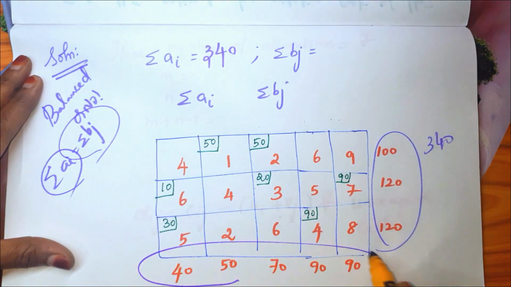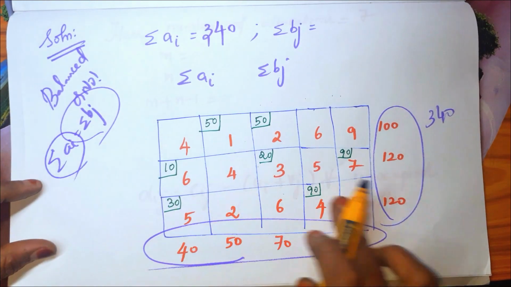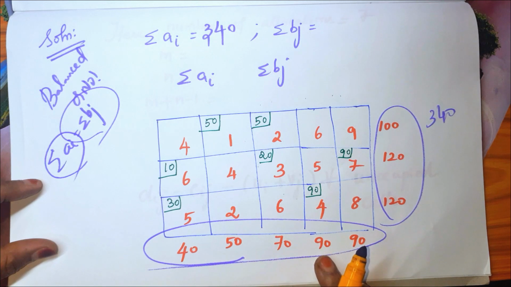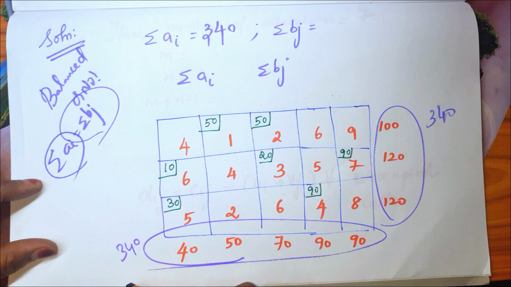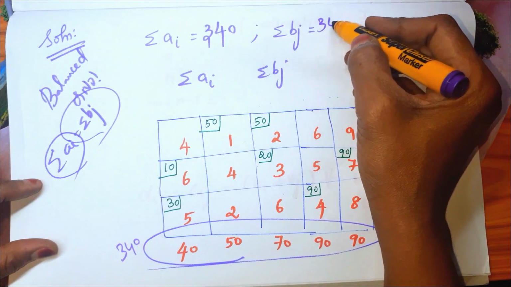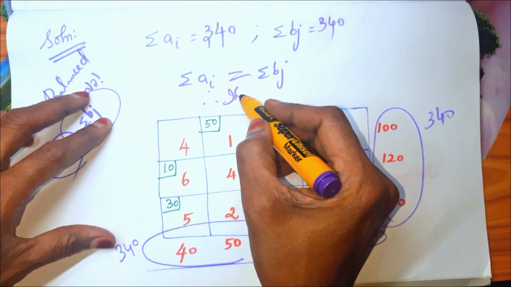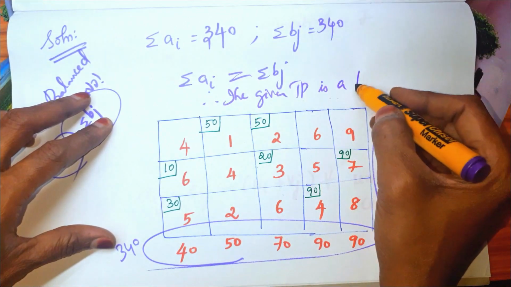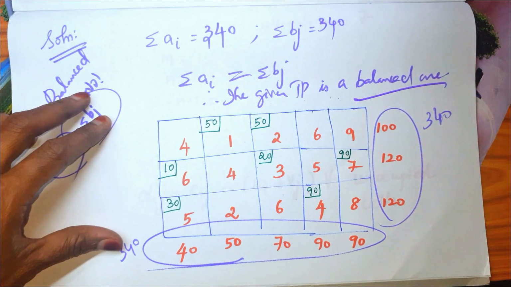And when we sum the column totals, 40 plus 50 is 90, 90 plus 70 is 160, plus 250 is 340. So summation Bj is also 340. Both are equal. Therefore, the given TP is a balanced one.